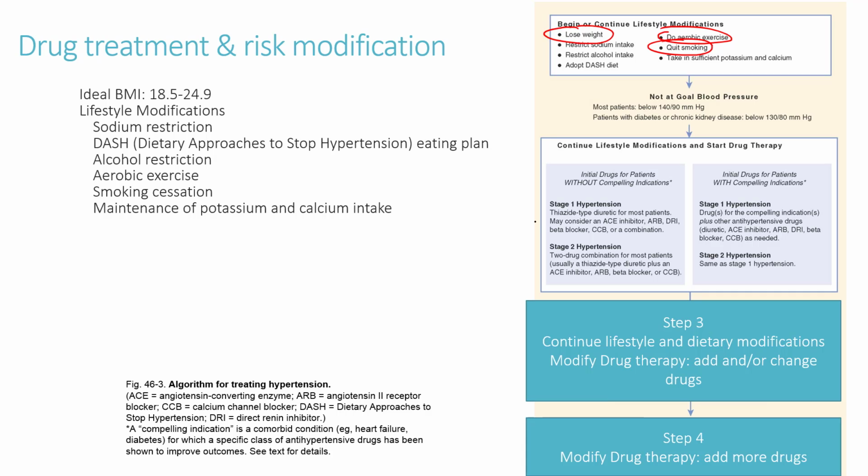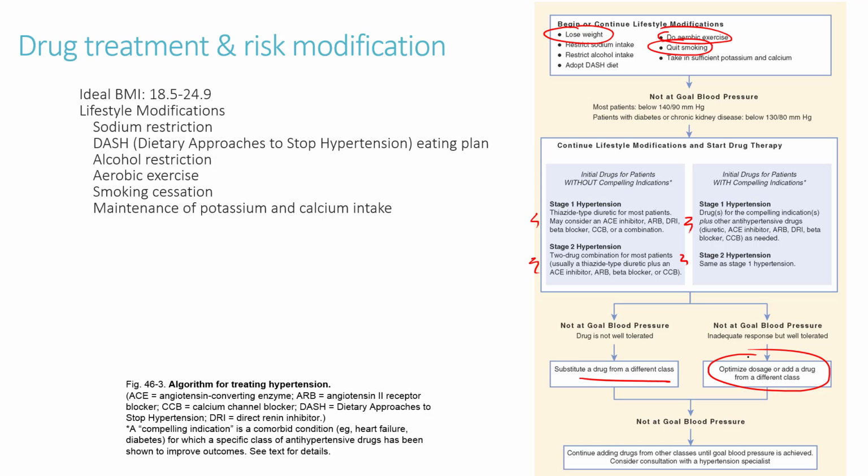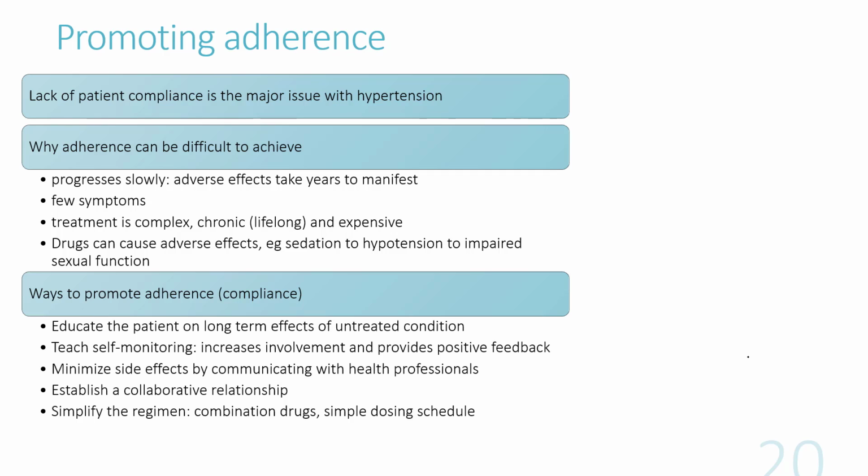You've got here just the various drugs that can be used, right? And then step 3 is when you add or change the drugs. So substitute with a drug from a different class, or you add a second drug from a different class. And then step 4 is basically adding more drugs from a different class to try to bring down the blood pressure by a variety of ways.